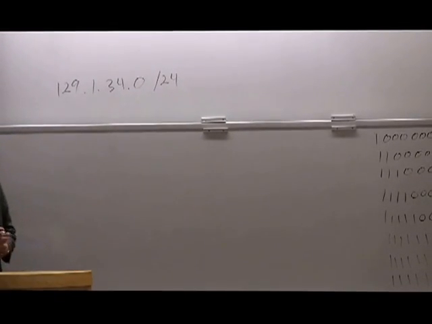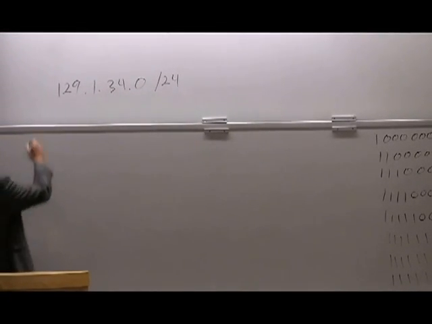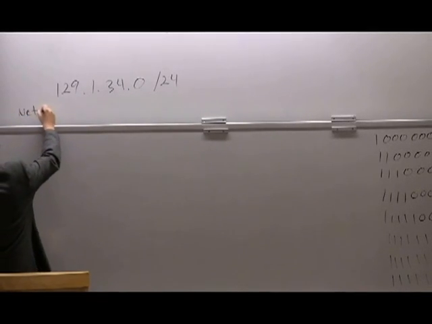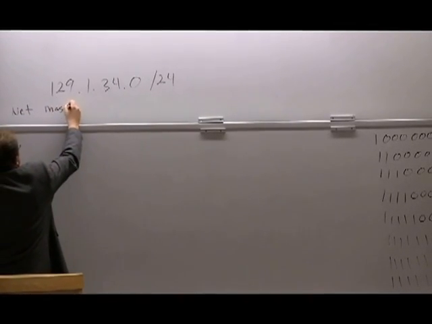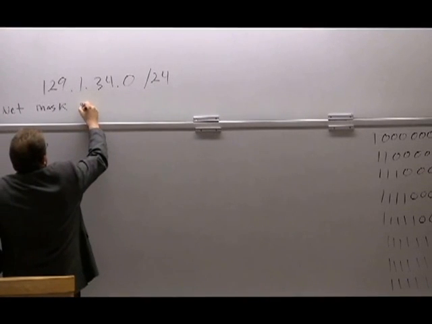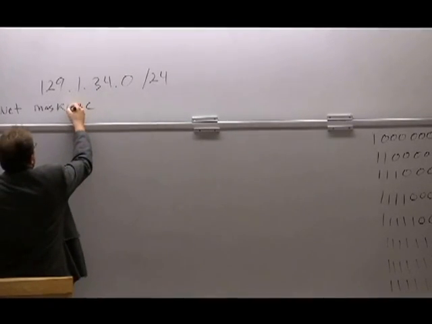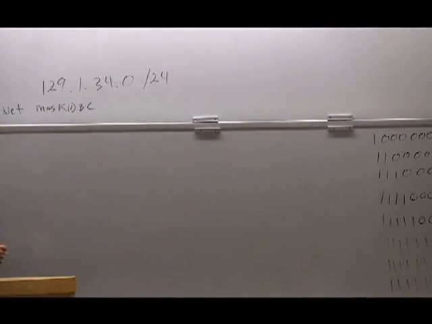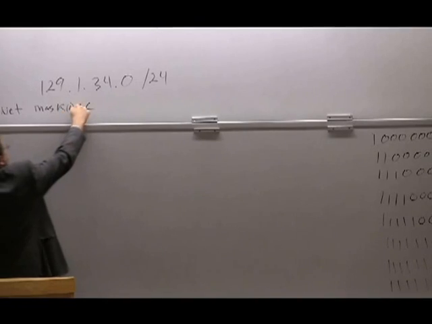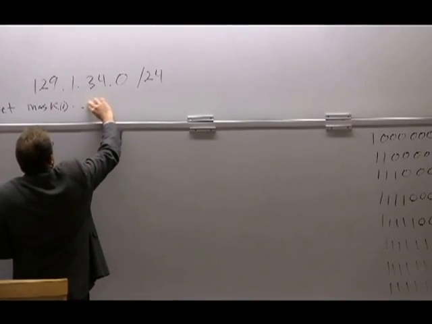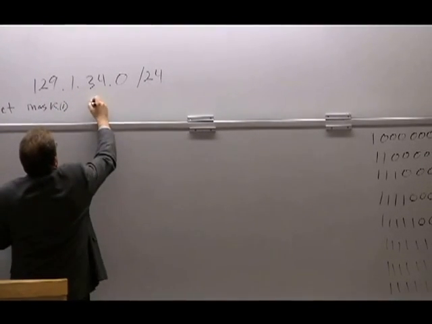And the thing I want for each of those 5 subnets is the net, the mask, the broadcast, and the mask, I want it in slash notation. So those are the three questions that I need for all 5 subnets.